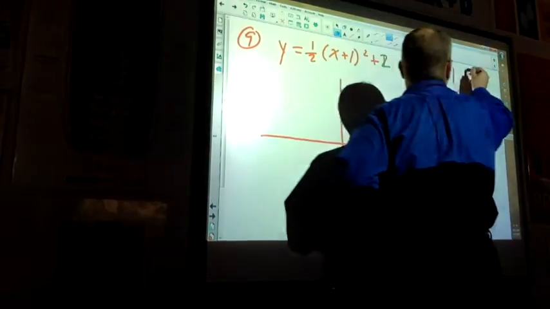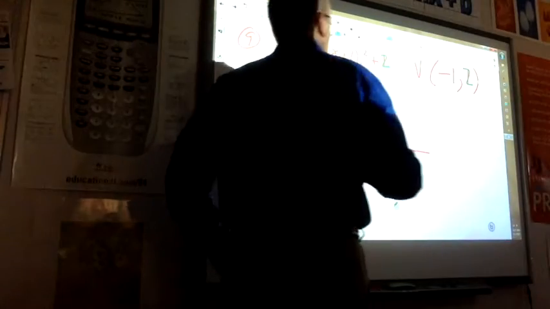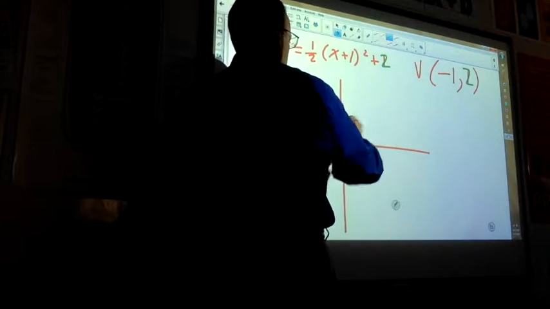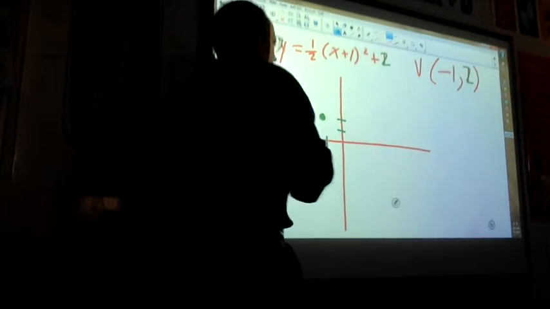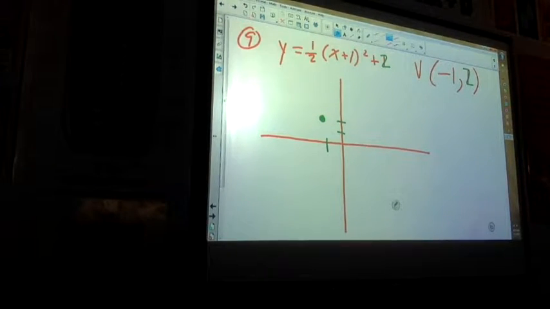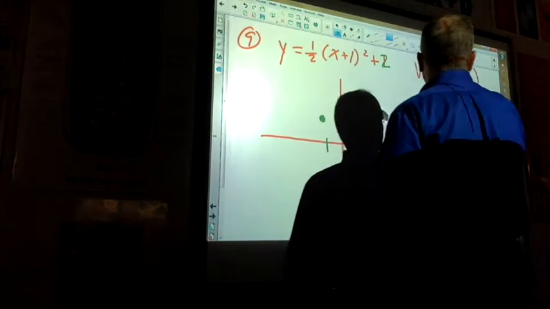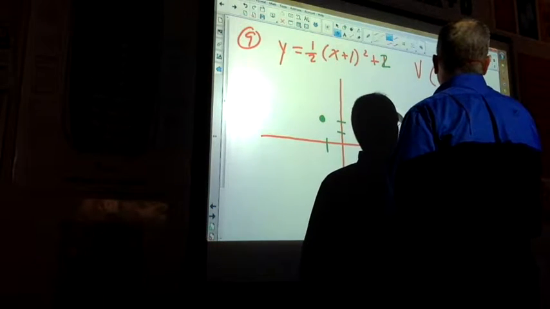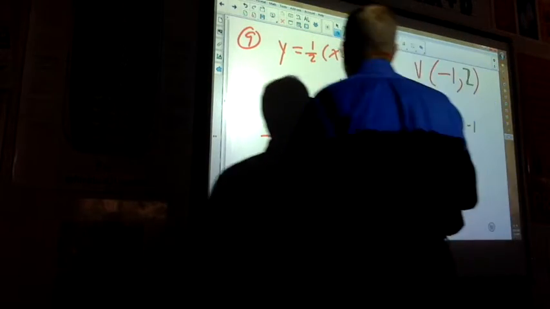So that should be a 2 here. Thank you. All right, so -1 and 2. You have that. Okay, that's my vertex. Is it opening up or down? Up. It might have a 1/2 for a growth factor, but it's still positive. My axis of symmetry is x equals -1.